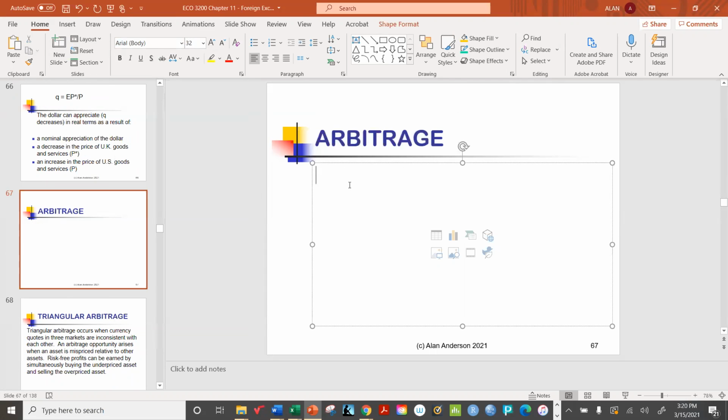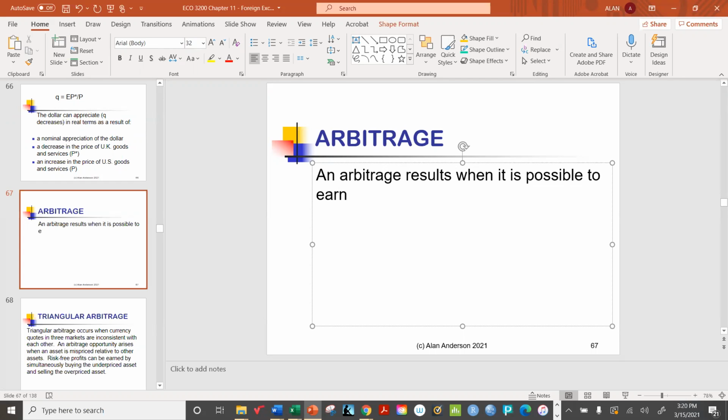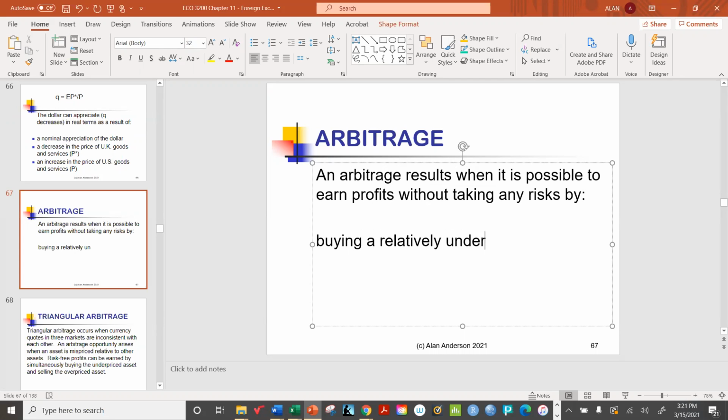Well, an arbitrage results when it is possible to earn profits without taking any risks by buying a relatively underpriced asset and selling a relatively overpriced asset.